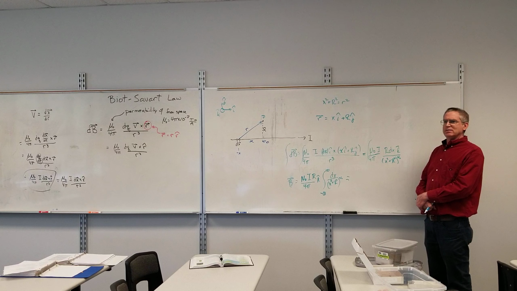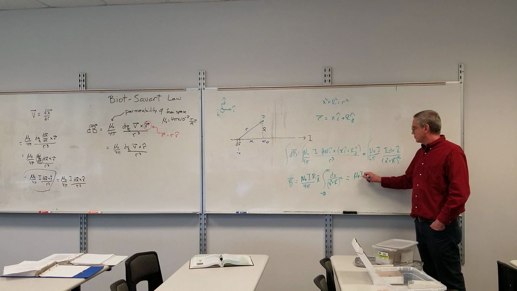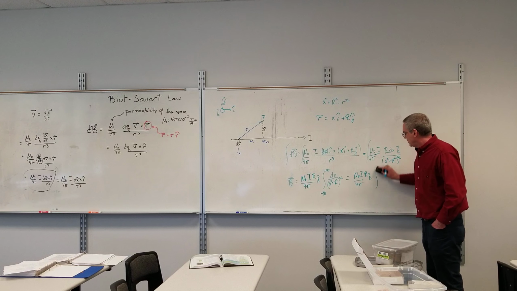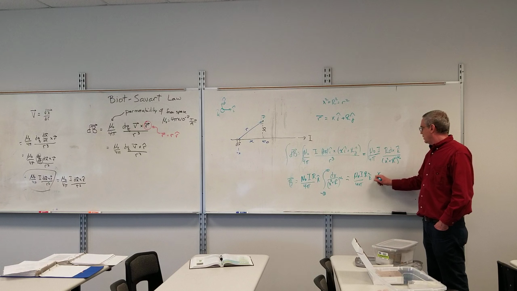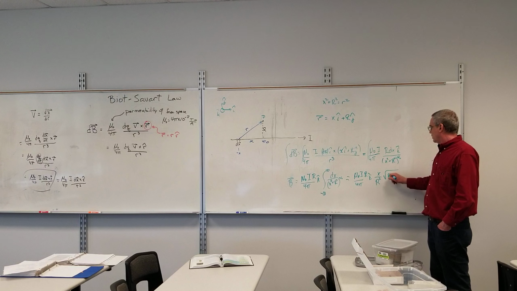You got that? Yeah, it's x over r squared times the square root of r squared plus x squared. That's still in the denominator, it's x over all of that.